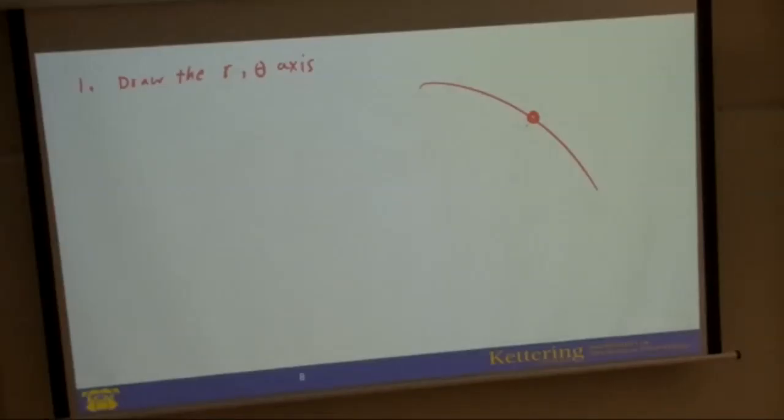For example, this is the r showing the position, and also the theta angle.